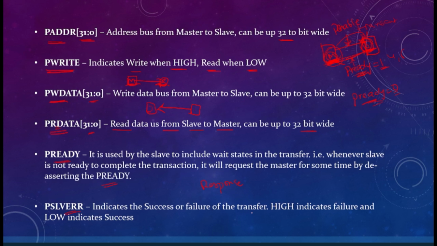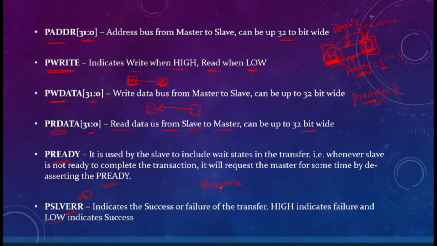So the slave error indicates the success or failure of the transfer. If PSLVERR equals 1, there is an error, which indicates the failure of the transaction. If PSLVERR is 0, there is no error, so the transaction is successful.